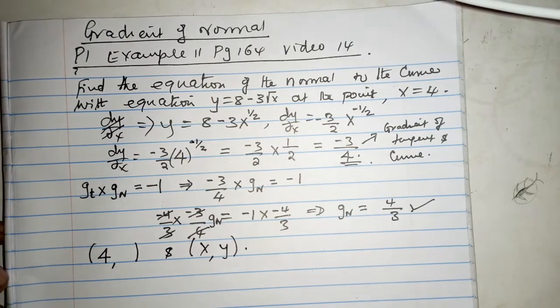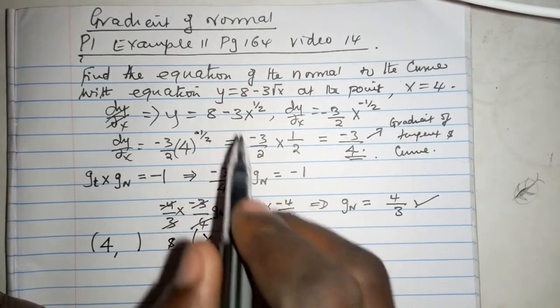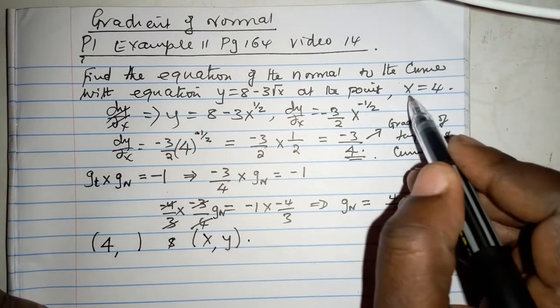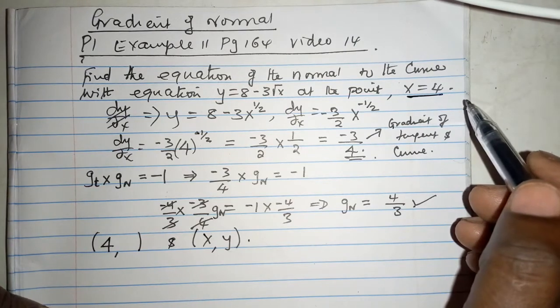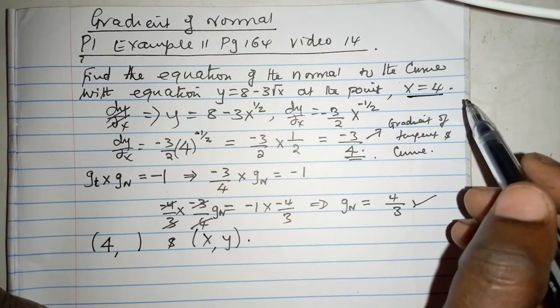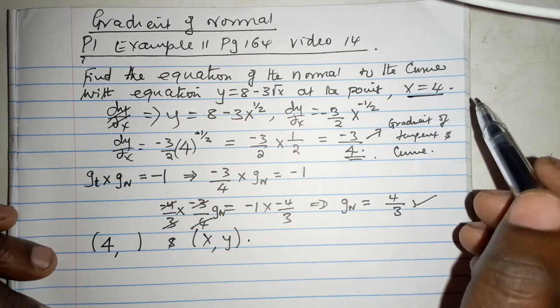And we just go back to the curve. The normal and the curve are touching or intersecting when x is equal to 4. And at the point of intersection, both the normal and the curve give the same x coordinate and the same y coordinate.